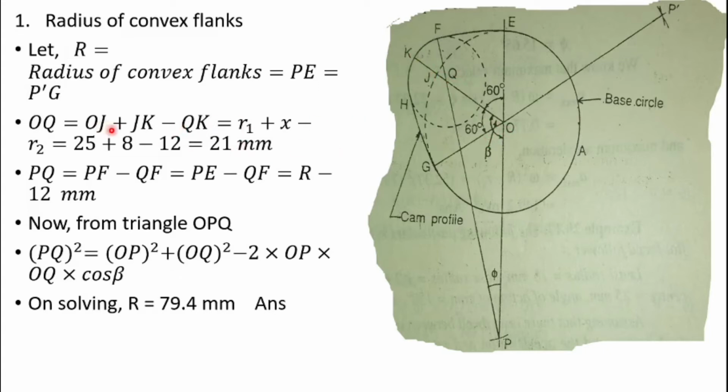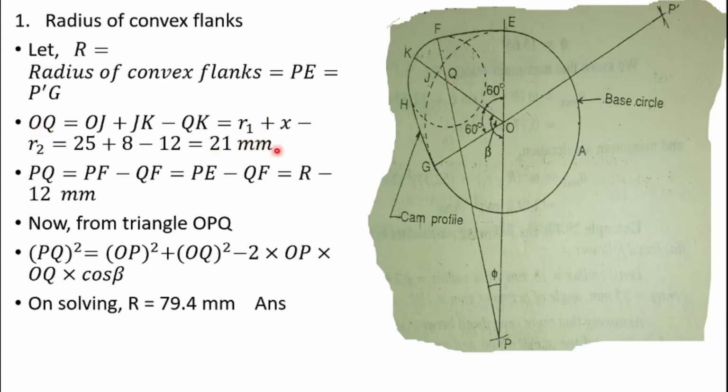Now OJ is how much? OJ is the radius of the base circle, so it is R. JK is the lift X, and KQ, where Q is the center of the nose circle, will be R2. Putting in these values, we can calculate OQ. OQ comes to be 21 mm.